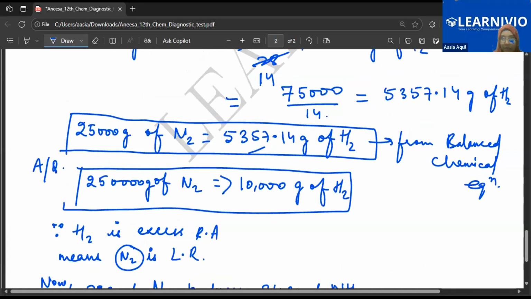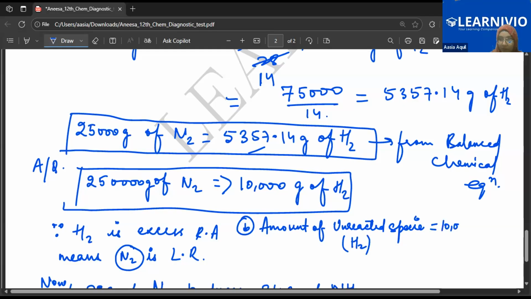So here you can calculate it. See here, I'm writing this B part, amount of unreacted species. What is the unreacted species? Obviously H2, the excess reagent. The given amount was 10,000 minus 5357.14.